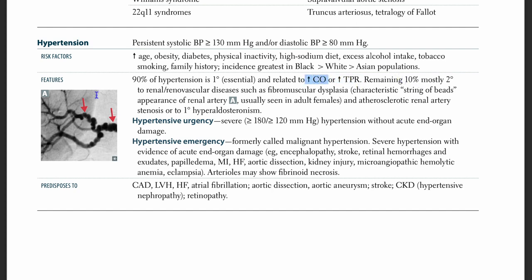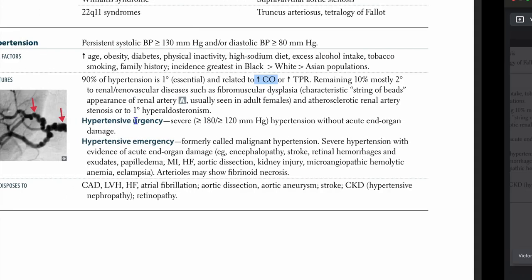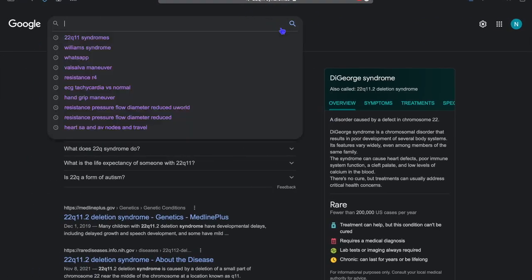Remaining 10% mostly secondary to renovascular diseases such as fibromuscular dysplasia, characteristic string of beads appearance of renal artery. So this is the string of beads appearance. If you see that, it's going to be this. Another place you'll see a string of beads is in vasculitis, PAN.